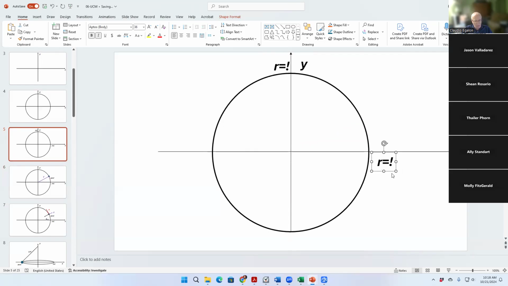On the opposite side, you have x equal to minus r, right? And y equal to 0. On the lower side here, y is equal to minus r, and x is equal to 0, right? The exclamation point here means that we know r. What's the value of r?